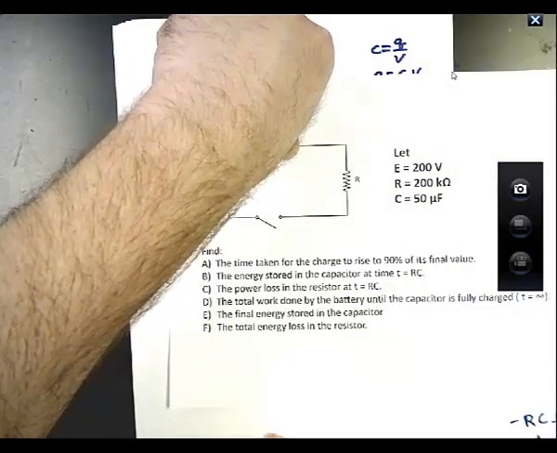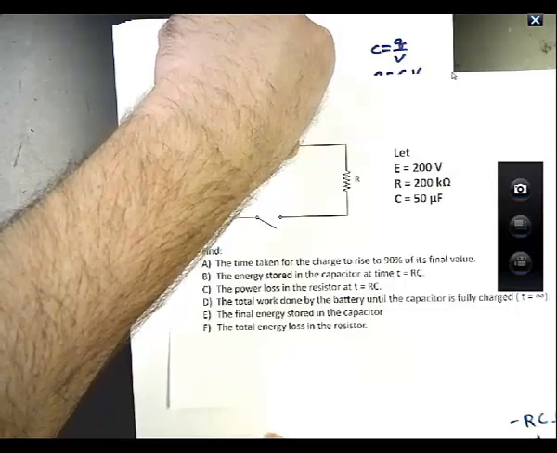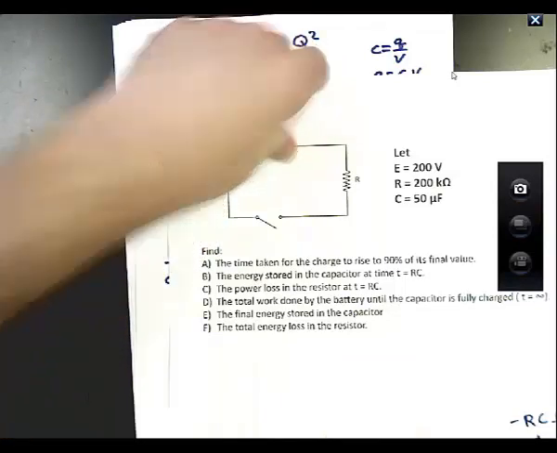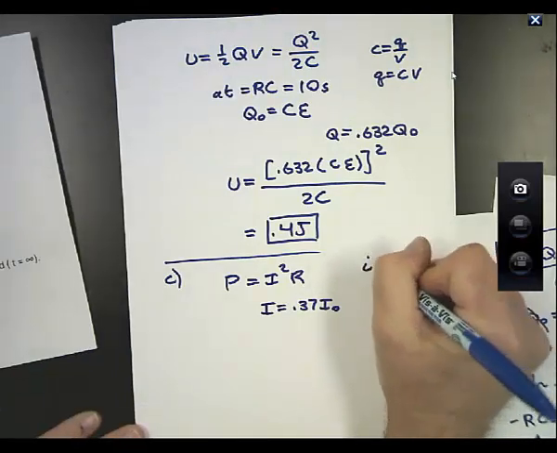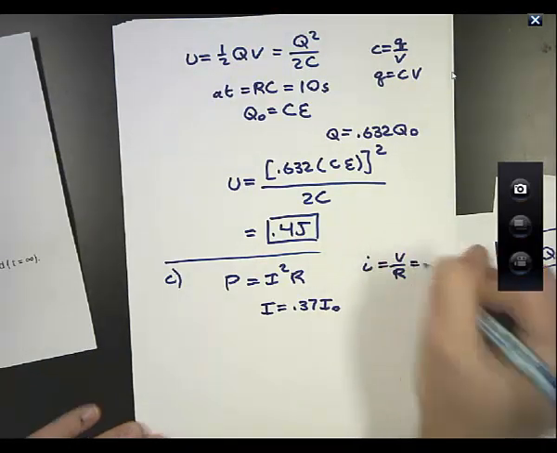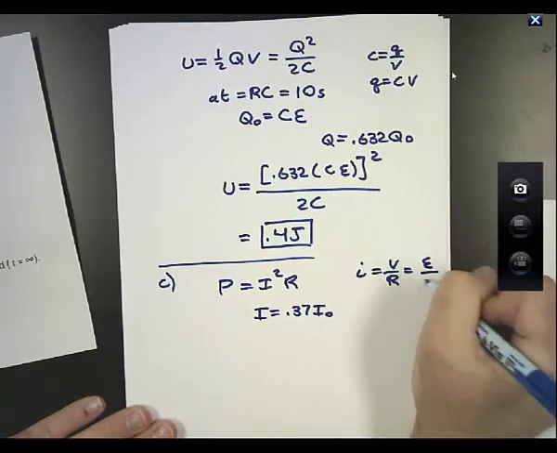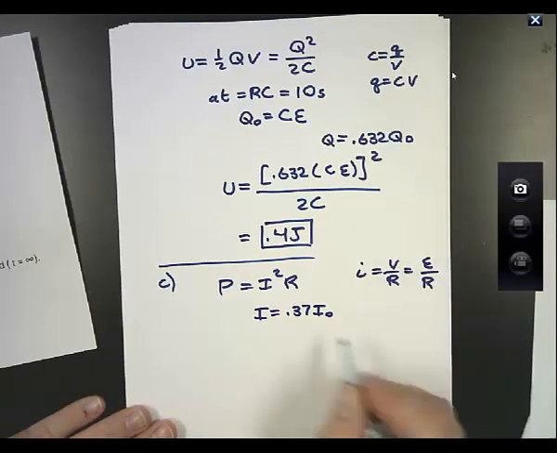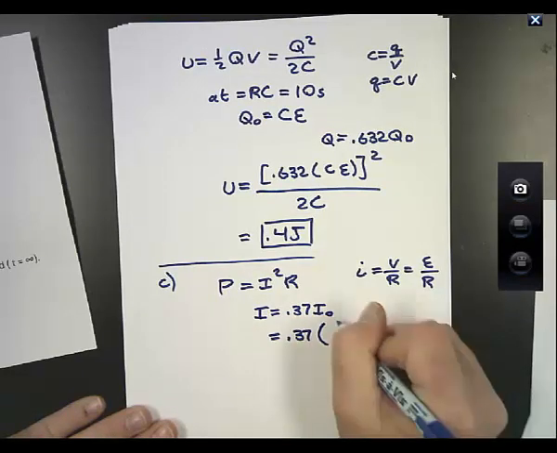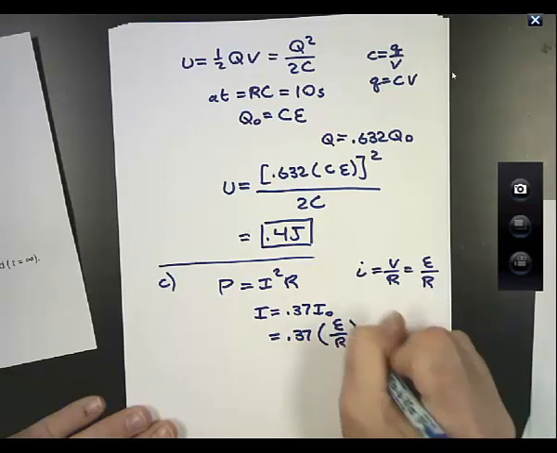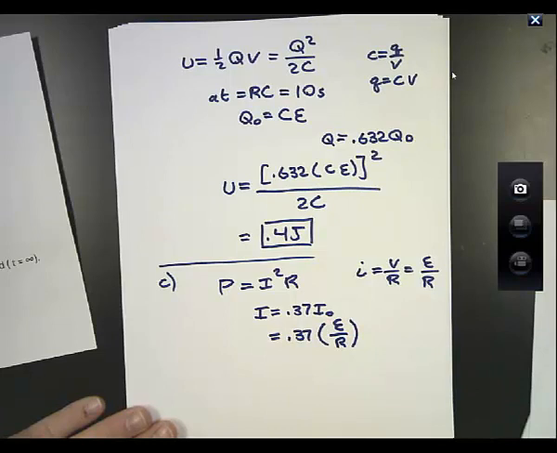Now that's only going to last for a few tenths of a second, but at the very beginning we can say the current I equals V over R, or in this case EMF over R. So the current at t equals RC is 0.37 times EMF over R. I hope that made sense.